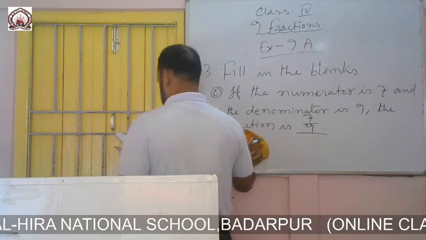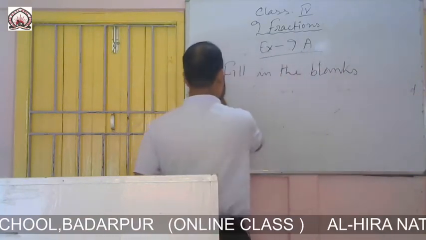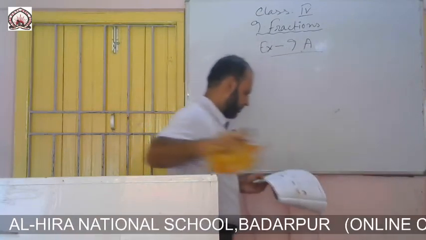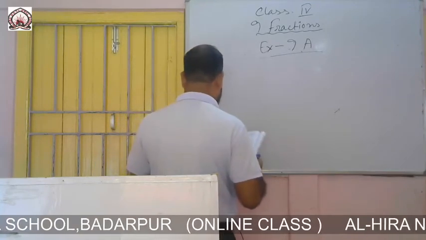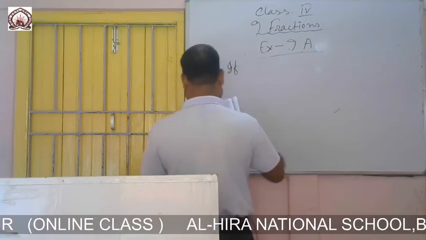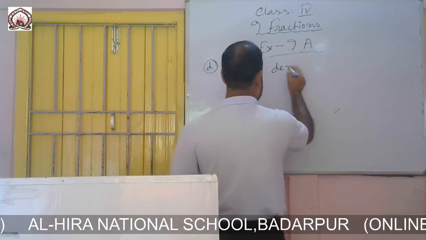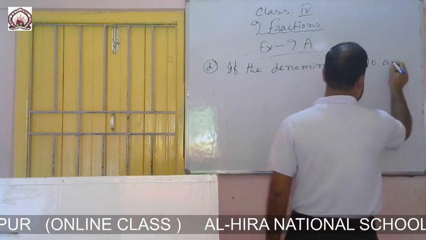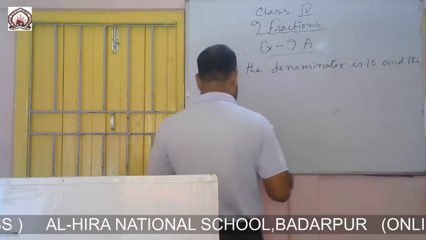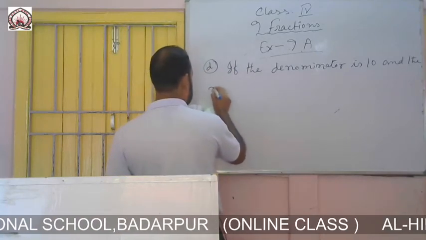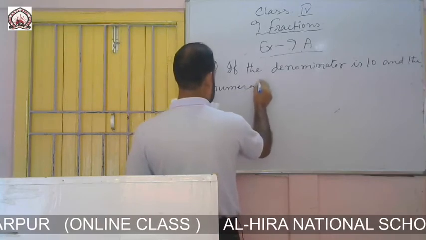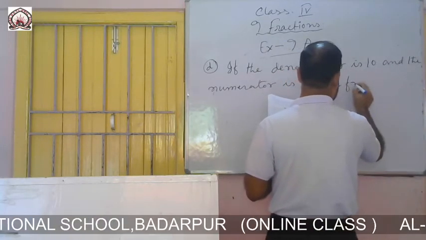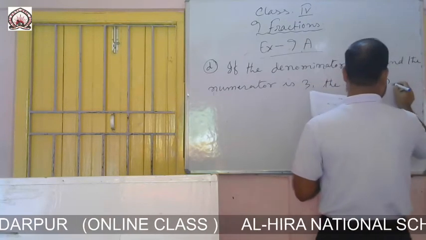Next, question number D. If the denominator is 10 and the numerator is 3, the fraction is dash.